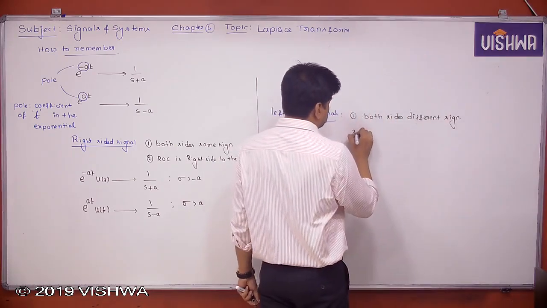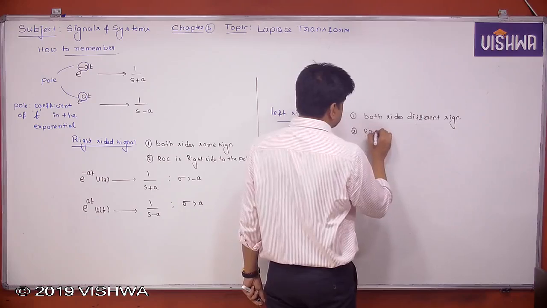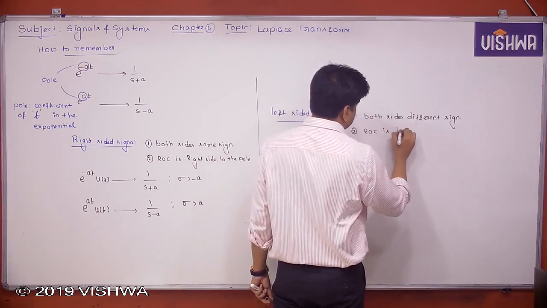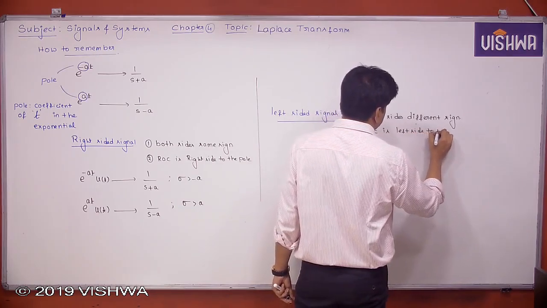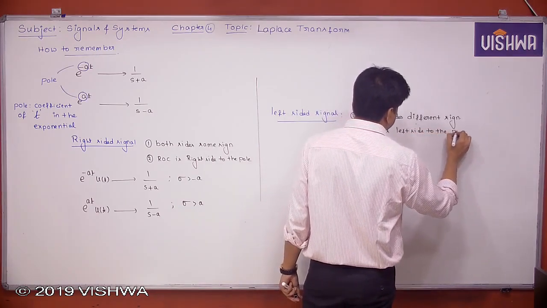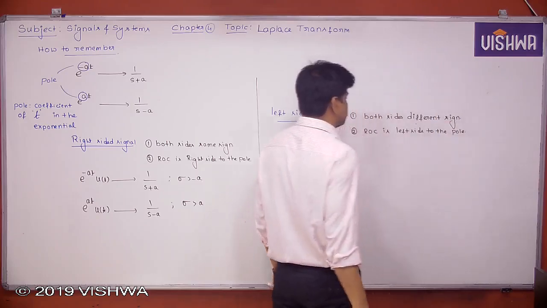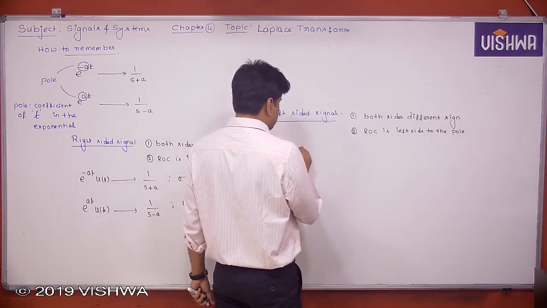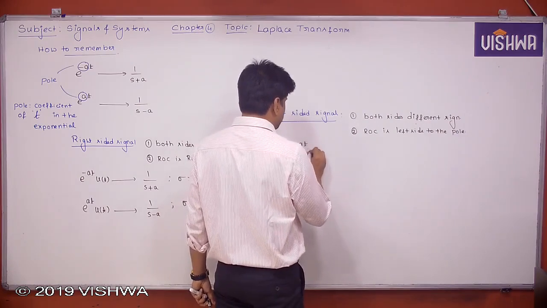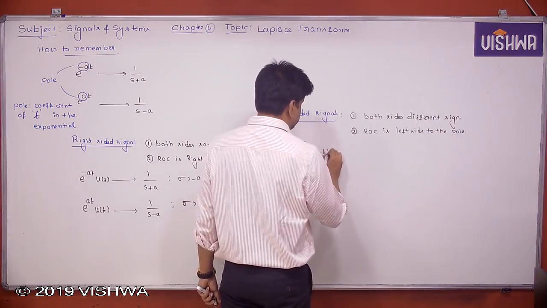And here ROC is left side to the pole. Left side to the pole. Let's take an example. E power minus at u of minus t.